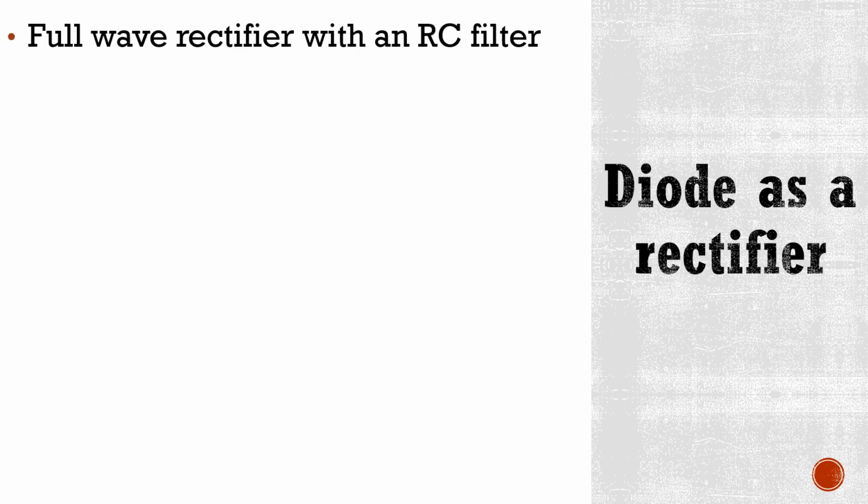Now we will understand a full wave rectifier with an RC filter. We know that the output waveform of a full wave rectifier without any filter looks like this. Now when this full wave rectifier is used with an RC filter, the output becomes something like this.